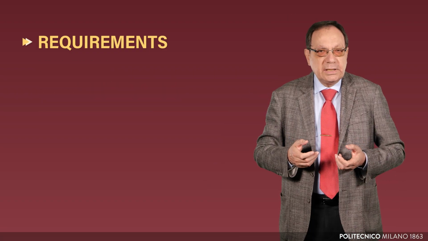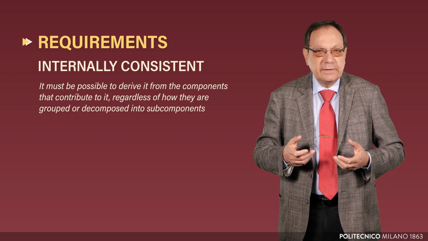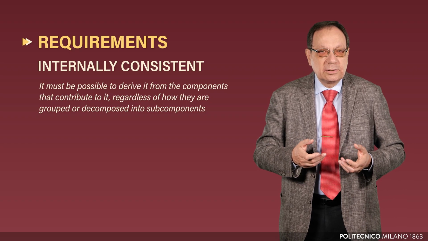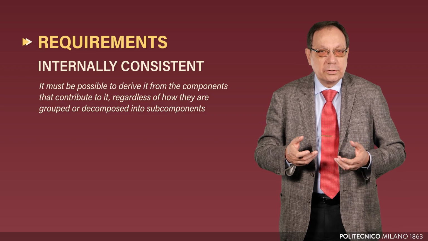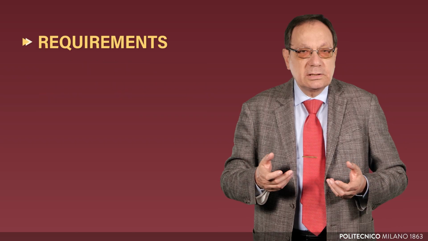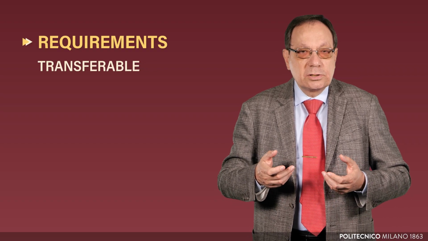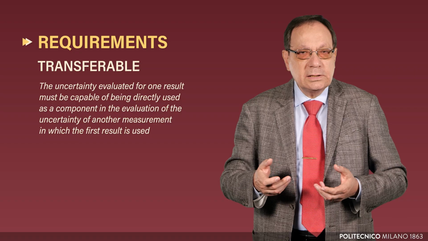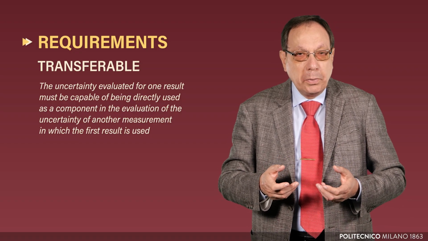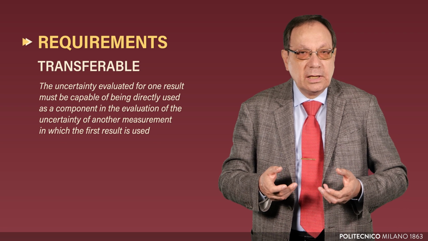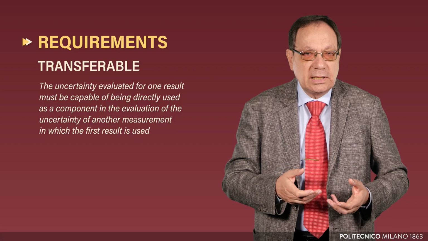It must also be internally consistent, meaning it must be possible to derive it from the components that contribute to it, regardless of how they are grouped or decomposed into subcomponents. It must also be transferable, which implies that the uncertainty evaluated for one result must be capable of being directly used as a component in the evaluation of the uncertainty of another measurement in which the first result is used.